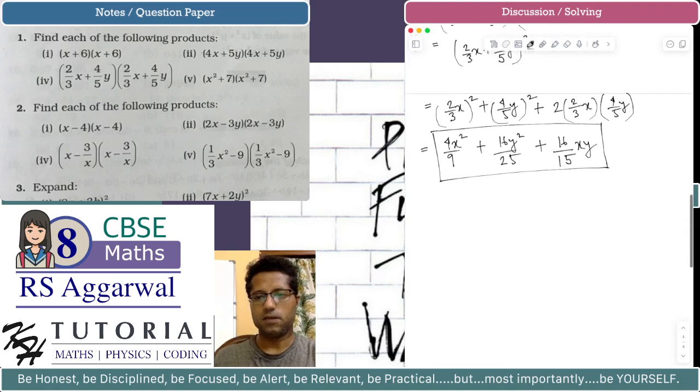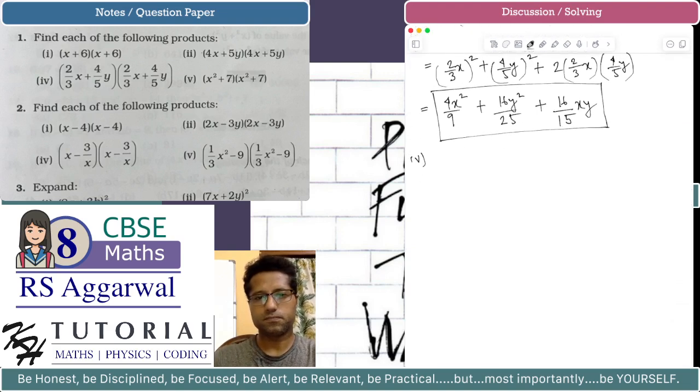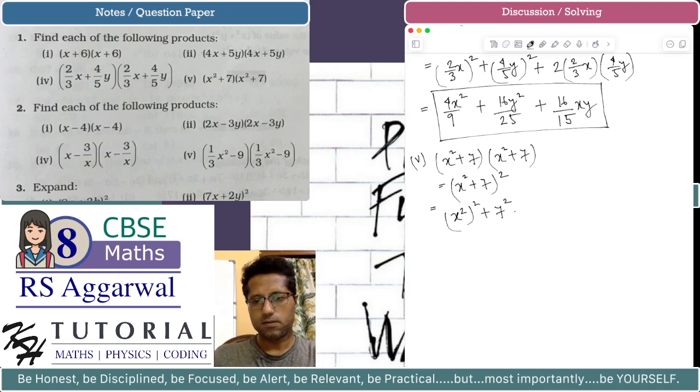Okay, let's do part 4. It is x square plus 7 multiplied by x square plus 7. So x square plus 7 is multiplied with itself. So we have x square plus 7 whole square. Now we apply the formula of a plus b whole square: a square plus b square plus twice ab.